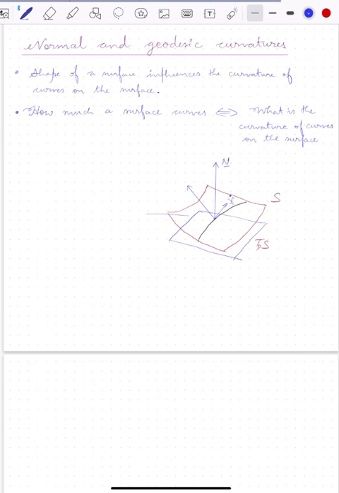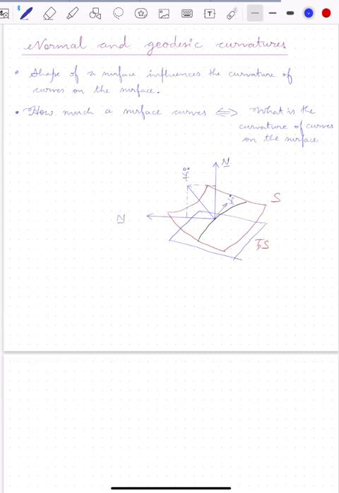And we have this as gamma double dot vector. It has a component along n as well as a component along this direction. And this direction is perpendicular to gamma dot.